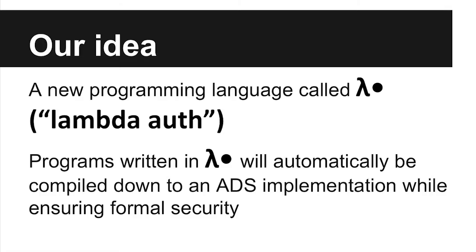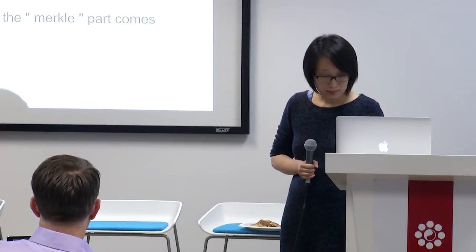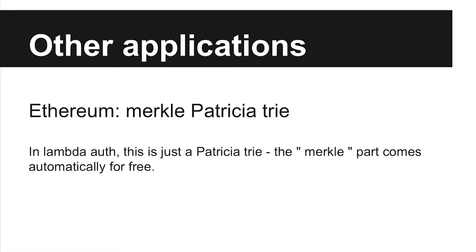So we came up with this programming language called Lambda Auth. The idea is that programs written in Lambda Auth can be automatically compiled into an authenticated version while ensuring formal security. I won't talk too much about the programming language.